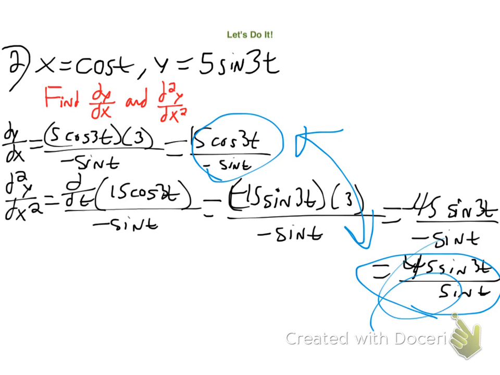This one does not look like it's the derivative of this one, but I'm guessing somehow you could differentiate this one and end up with this one. Probably there's some trig identity you have to pull out at some point so that it ends up looking like that. But anyway, these are the first derivatives and the second derivatives here for this problem number 2.